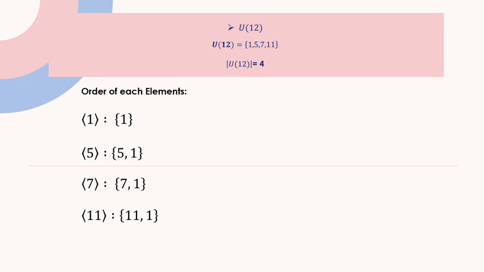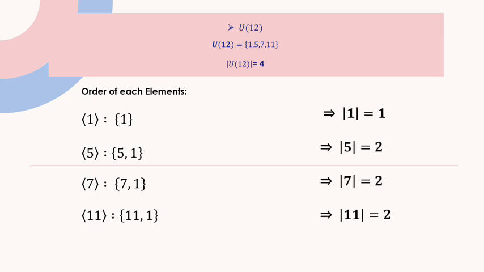By definition, the number of elements of a group is called its order. And now we are going to proceed to the order of each element. For number 1, the element under number 1 mod 12 is 1.